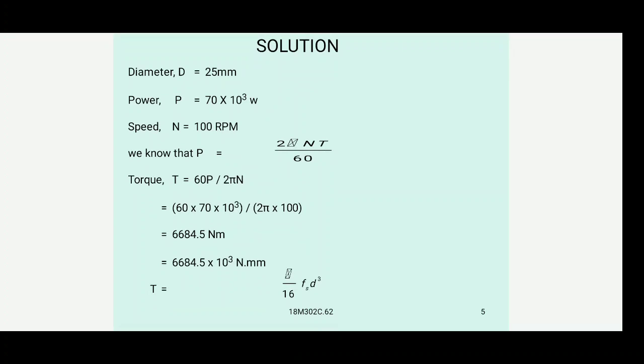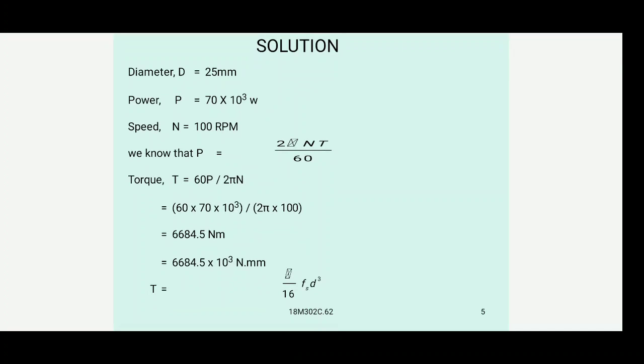Solution. Given data: diameter of shaft D is equal to 25 mm, power P is equal to 70 into 10 to the power of 3 watts, speed N is equal to 100 rpm.